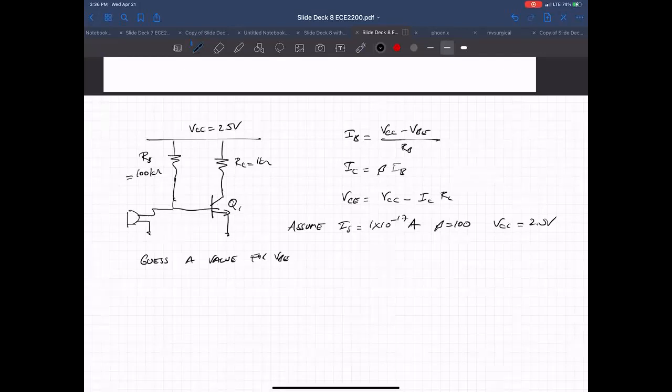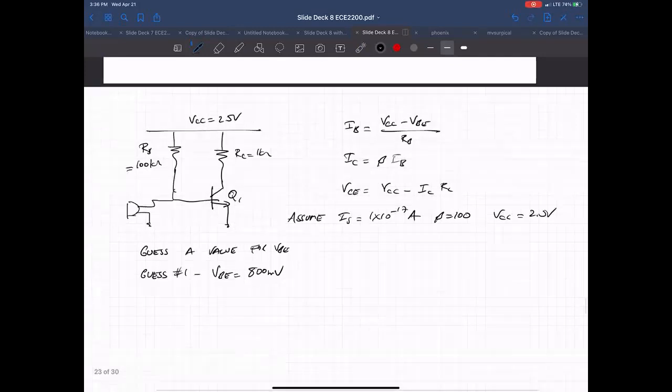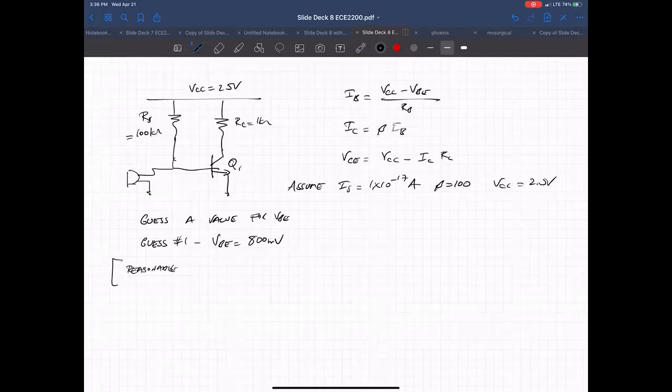So let's guess. Guess number 1, starting point is VBE is equal to 800 millivolts. And again, reasonable guesses for VBE when it's on is between 650 millivolts and 850 millivolts, say. Maybe a little bit less, a little bit more, but in this range. It's not going to be 2 volts. It's not going to be 300 millivolts.